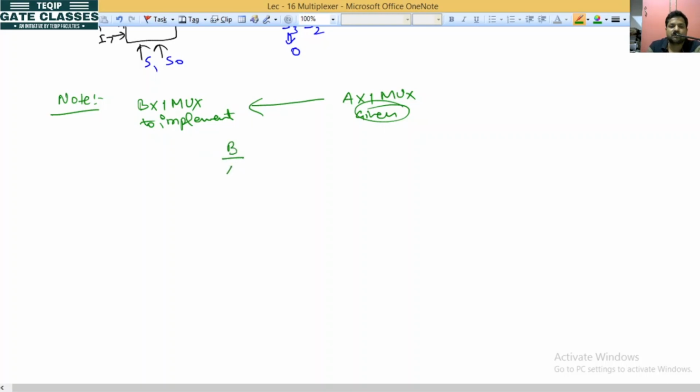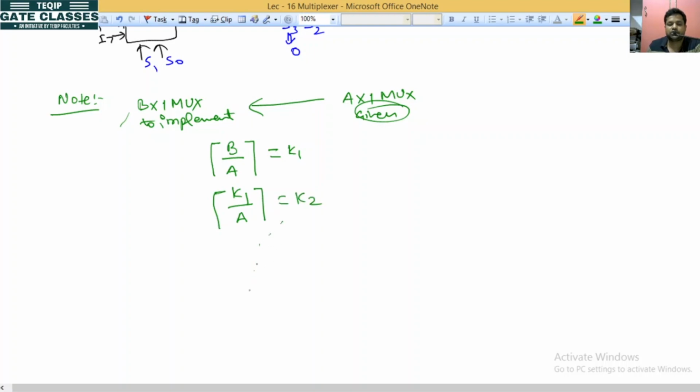We have to divide B by A and you get a value, suppose k1. Similarly we divide k1 by A, then whatever the value is, suppose it is k2.